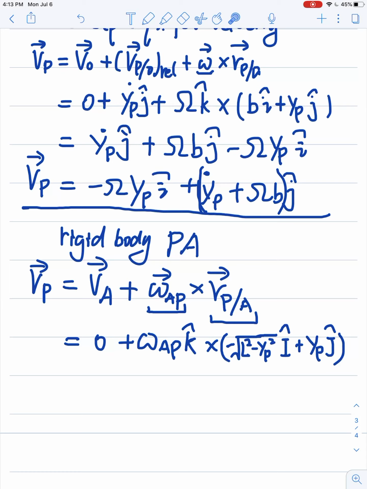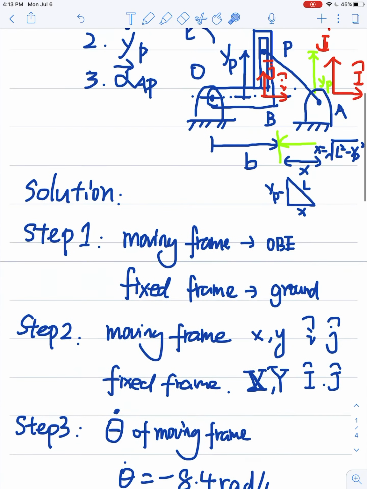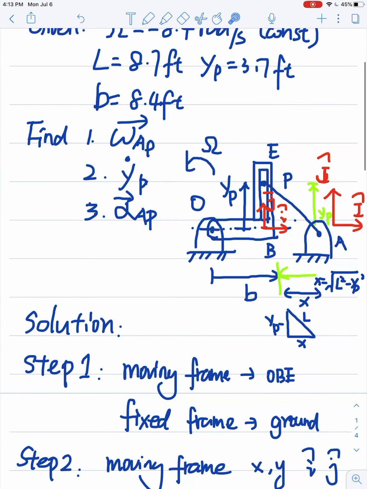Here I want you to pay extra attention. When I write this position vector Rp/A, I use big I and big J. The reason is, if you look at this rigid body OP, it's inside of our fixed frame.